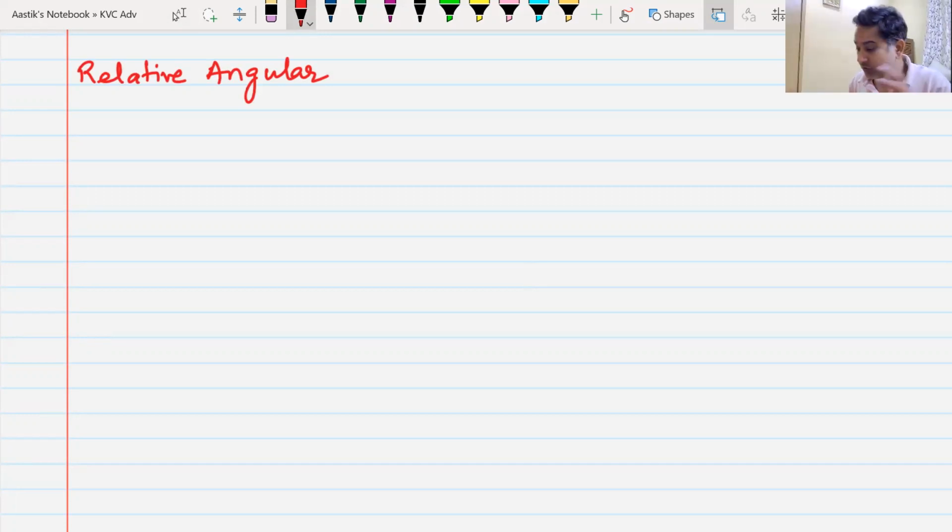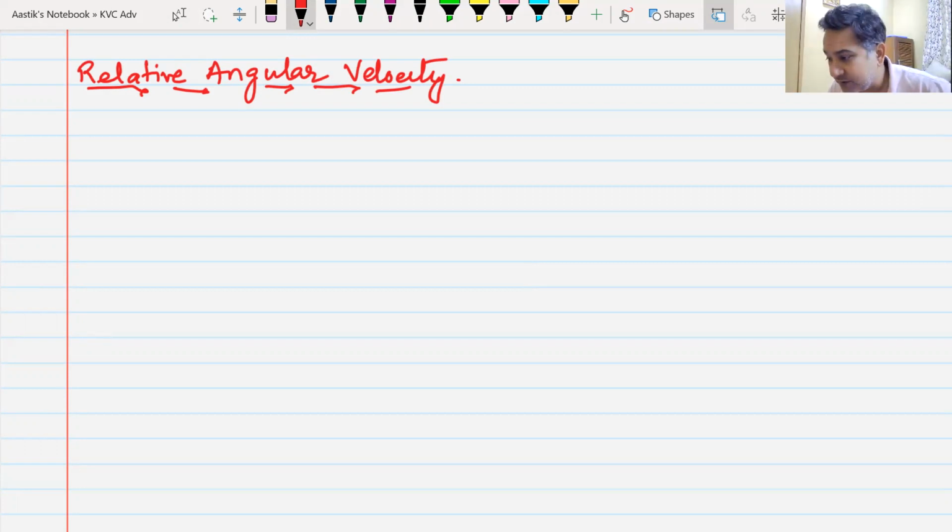Now, I told you rest and motion are all relative terms. It all depends on your reference frame. Do we understand this? Sometimes we might calculate this angular velocity not with respect to one point, but with respect to some other point. Sometimes we may not calculate it with respect to one body, we might be calculating it with some other body. Do we understand this? Yes, sir.